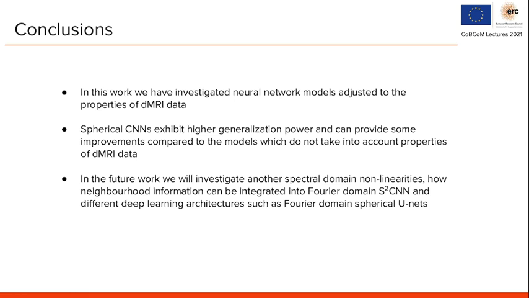In the future work, we will investigate other spectral domain nonlinearities, how neighborhood information can be integrated into Fourier domain spherical CNNs, and also we will investigate some other deep learning architectures such as Fourier domain spherical units.